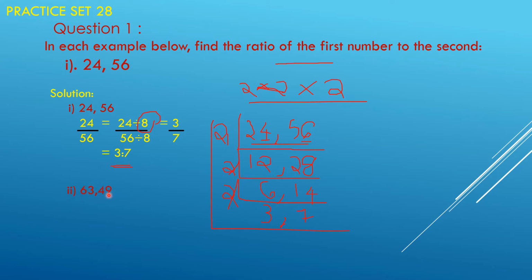Here the ratio of the first number to the second number, that is, ratio is the comparison of the two numbers by division, that is equal to 63 upon 49, and the HCF of 63 and 49 is 7. Therefore 63 divided by 7 upon 49 divided by 7, that is equal to 9 upon 7. It is equal to 9 is to 7.